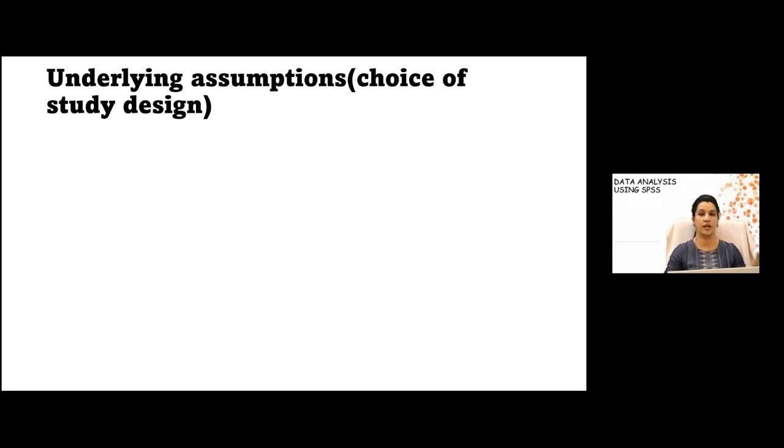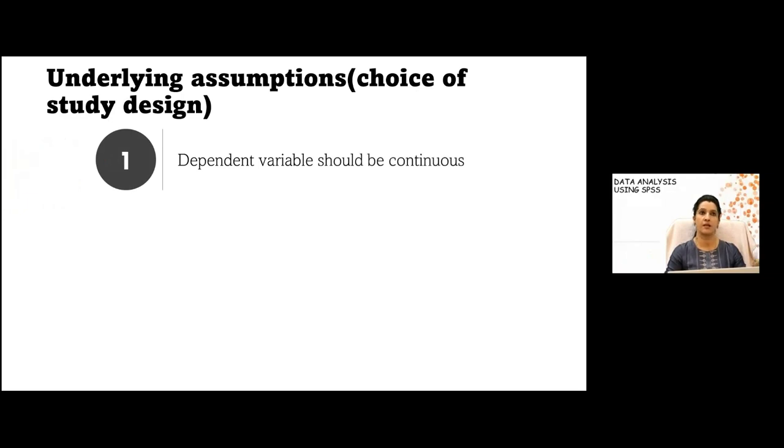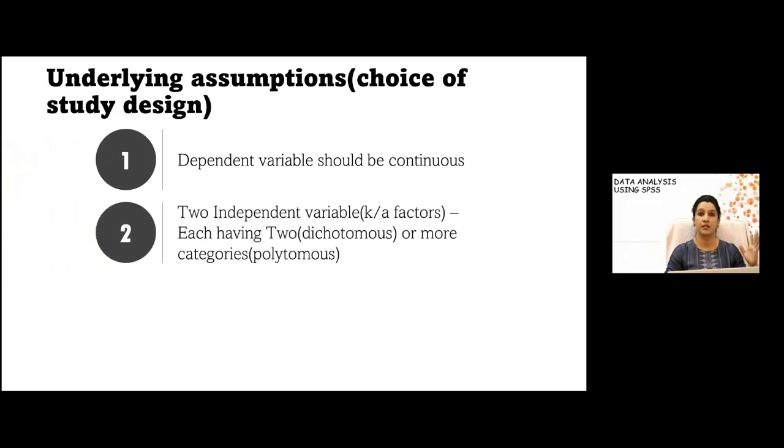The first assumption is that the dependent variable should be continuous, and then the independent variables, which are known as the factors here, should have 2 or more categories. If it has 2 categories, we call it dichotomous. If it has more than 2 categories, we call it polytomous.